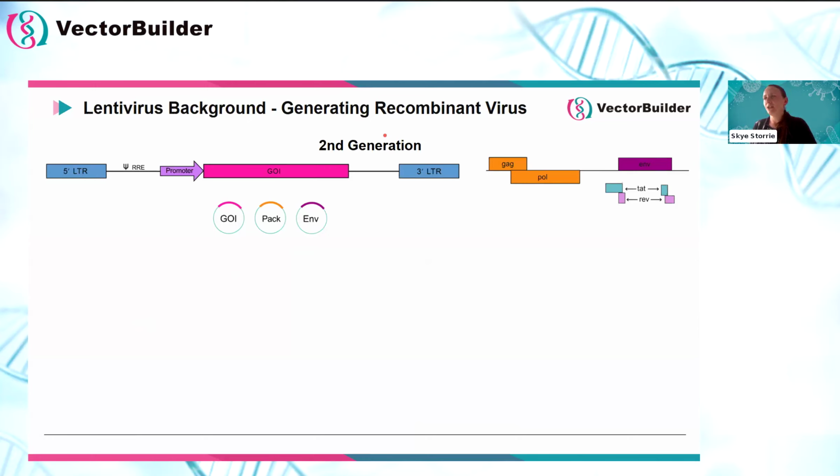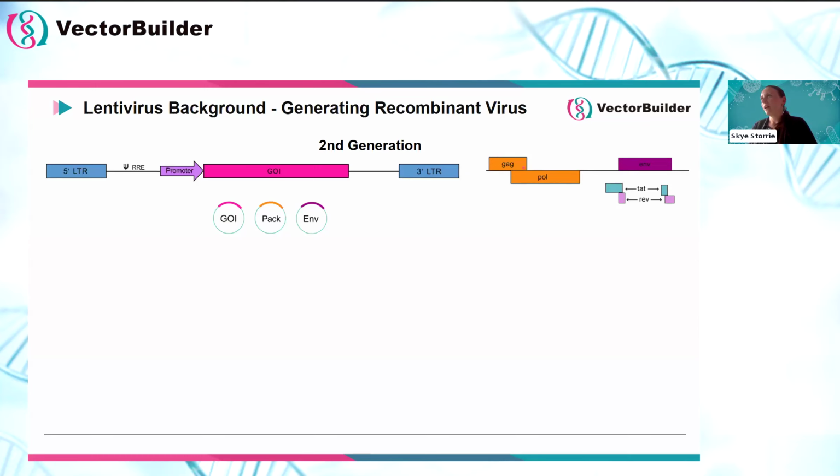So for the second generation system, we take this cassette, which has our gene of interest, and we encode it in a plasmid known as the transfer plasmid. Then the genes that we require for generating novel virions, we will split between two plasmids. We don't encode any of the accessory proteins because these aren't really required.